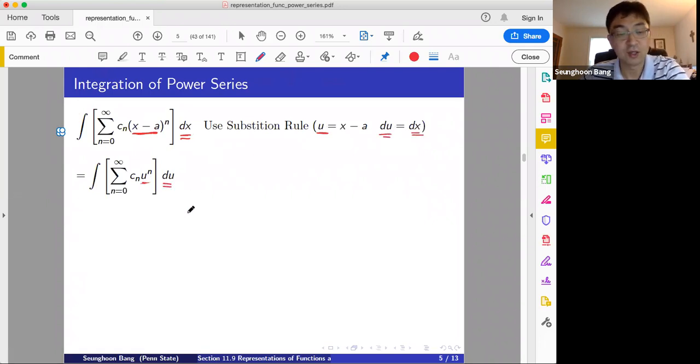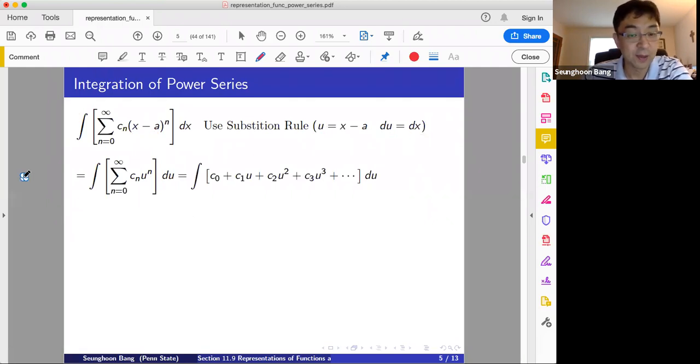Next, you have to expand. The summation from n equal to 0 to infinity of Cn u^n is C0 plus C1 u plus C2 u squared plus C3 u cubed and so on.